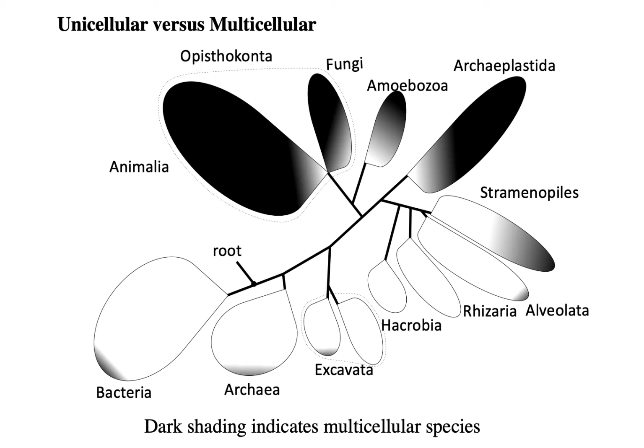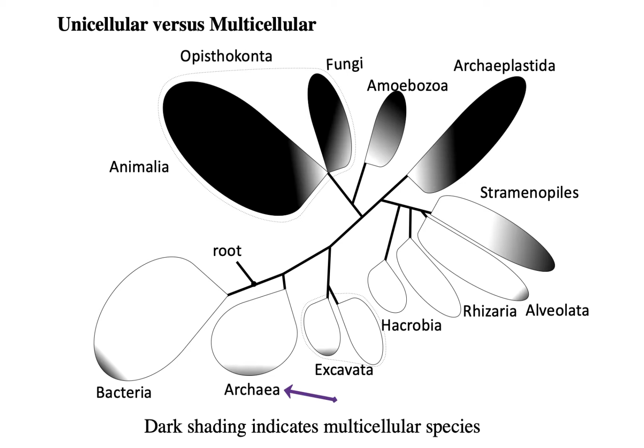So we can go back further. Here's the animals. This branched off again about 500 or 600 million years ago, and then going back here to the root, which is about 4 billion years ago, and then into bacteria, which appeared around 3.8 billion years ago.